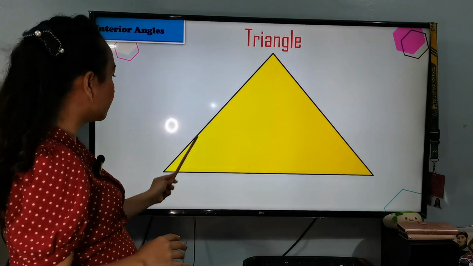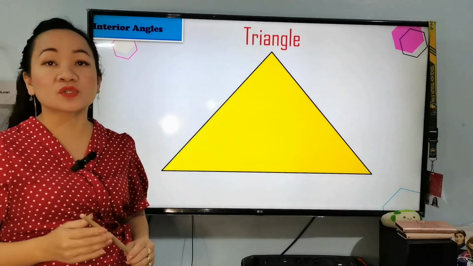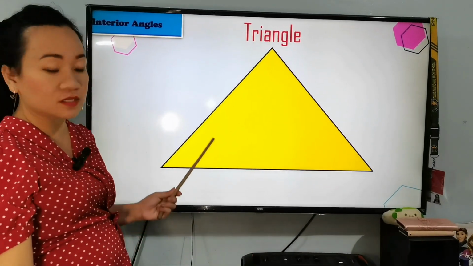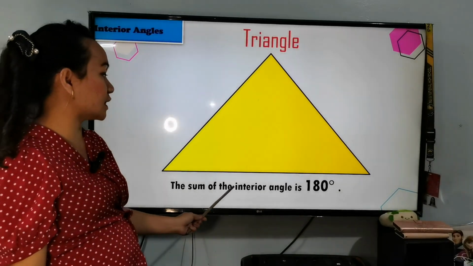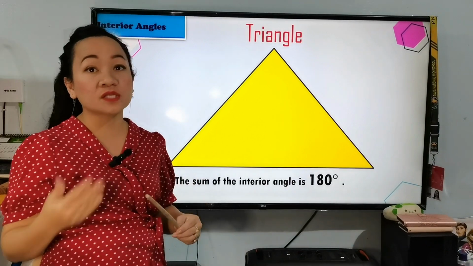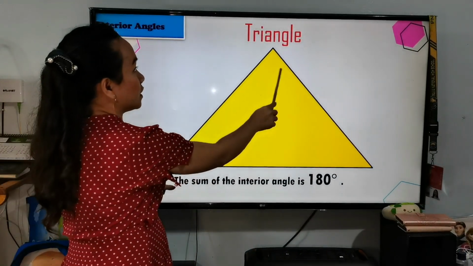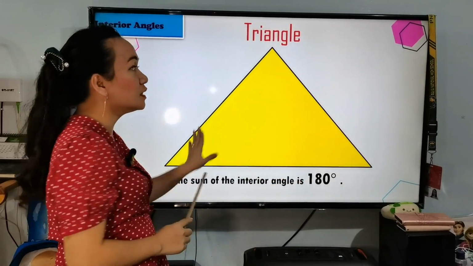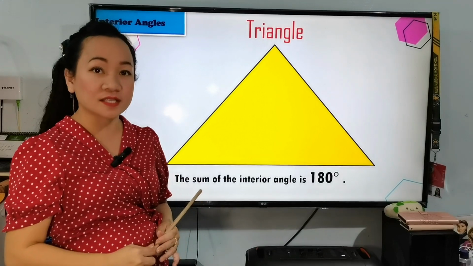This angle, the second, and the third angle. So to get the interior angles of this triangle, the sum of the interior angles is 180 degrees. Meaning to say, if you add this angle here and here, the sum of the angles is always 180 degrees.